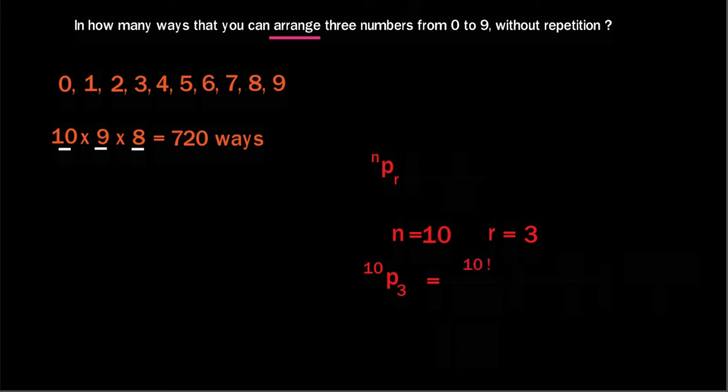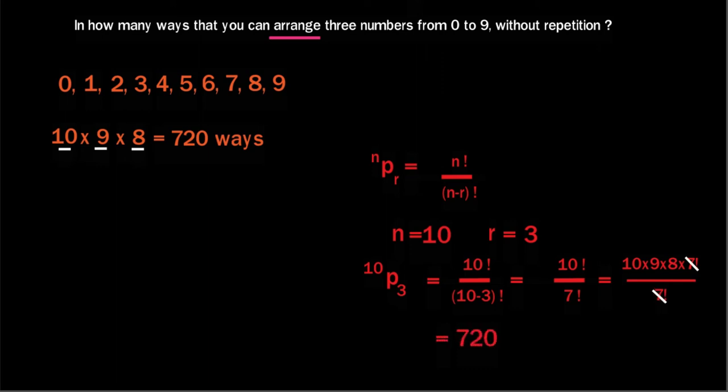To recall, we have this formula, n factorial over n minus r factorial. So we will get 10 factorial over 7 factorial, and 10 factorial is 10 multiplied with 9 multiplied with 8 multiplied with 7 factorial. So you will actually get the same outcome, which is 720.